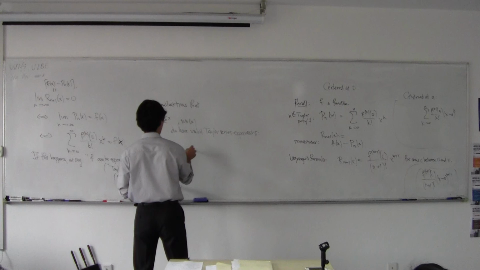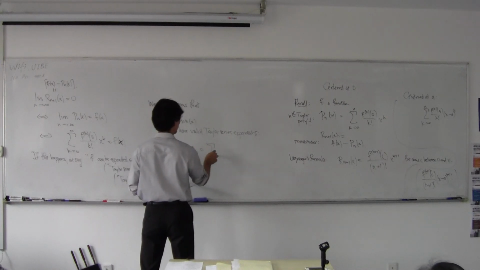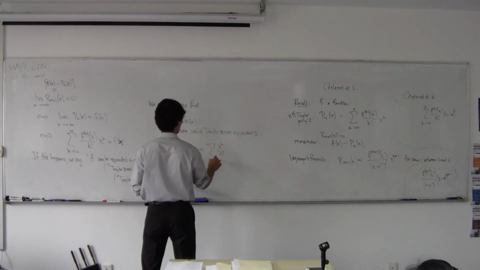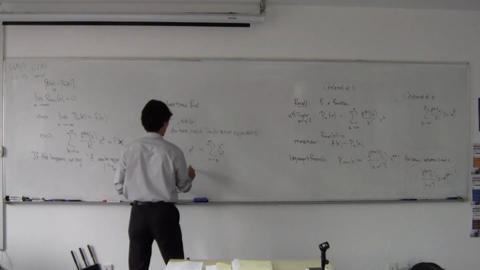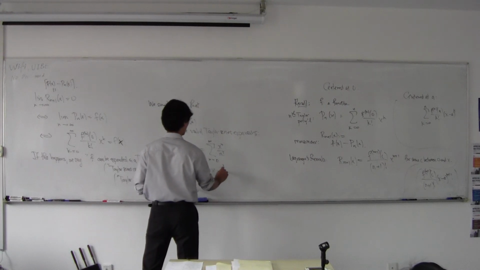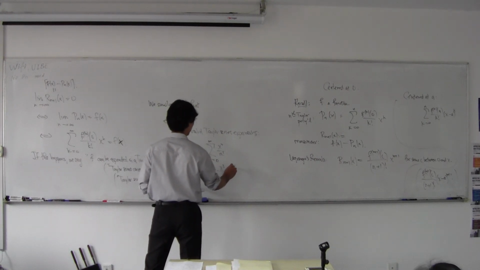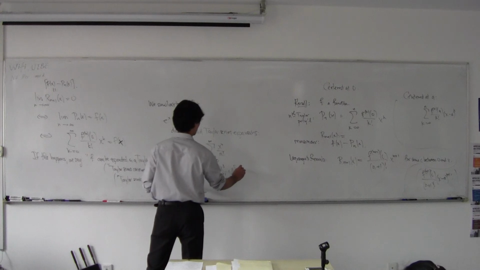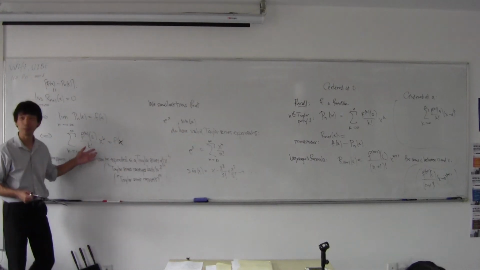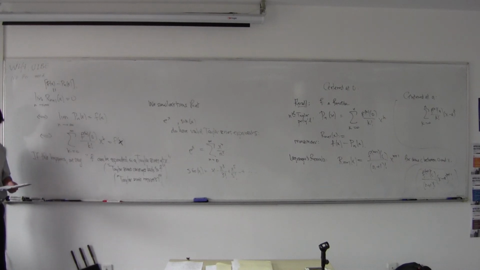That e to the x really does equal the sum of x to the n over n factorial as n goes from 0 to infinity. That sine of x really does equal x minus x cubed over 3 factorial plus x to the 5th over 5 factorial, minus, plus, etc. These functions actually do have valid Taylor expansions.